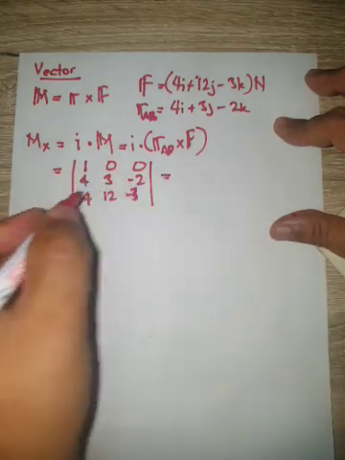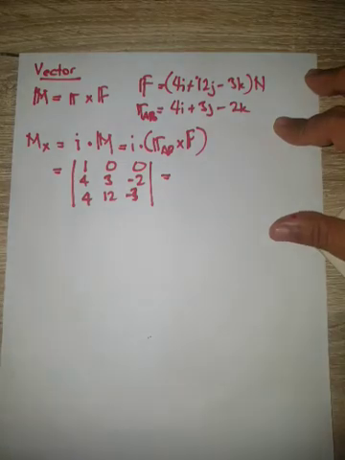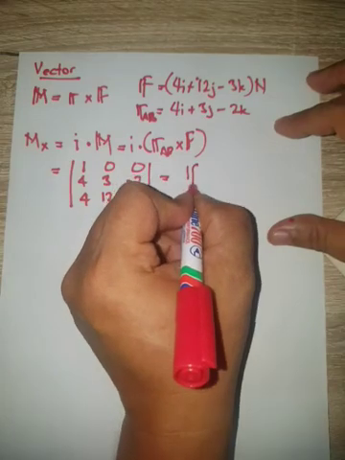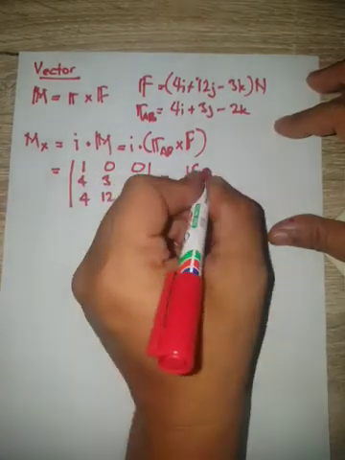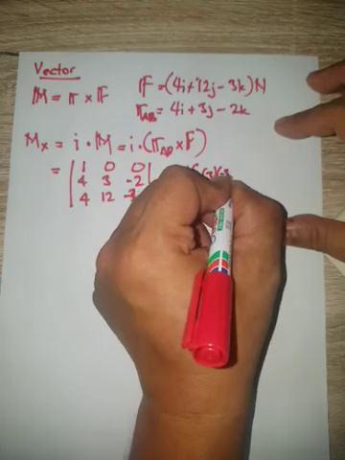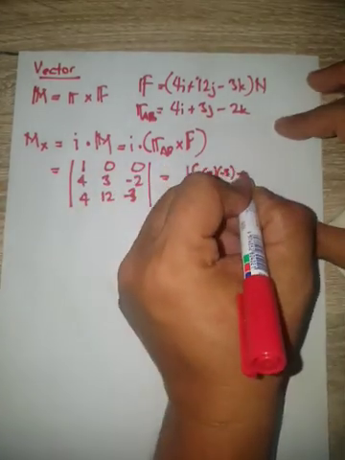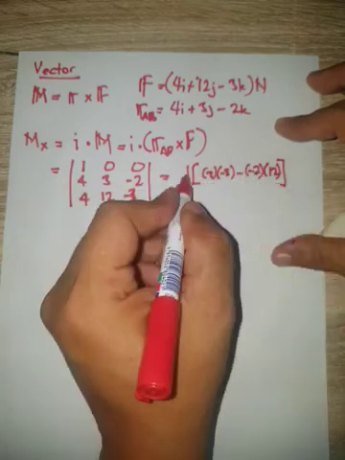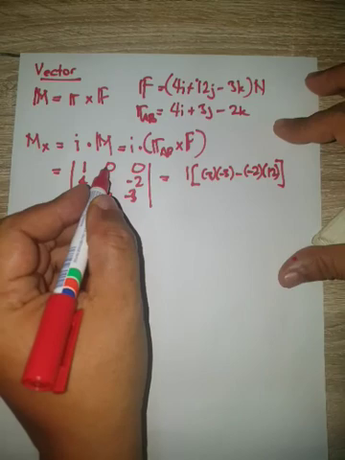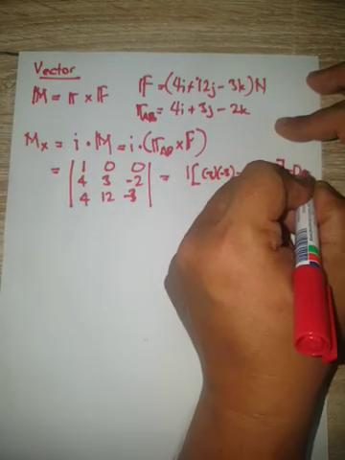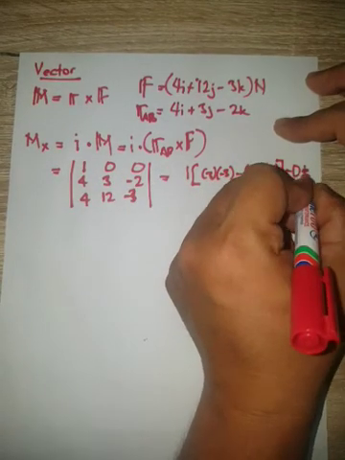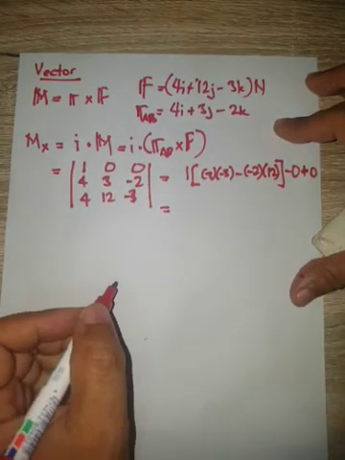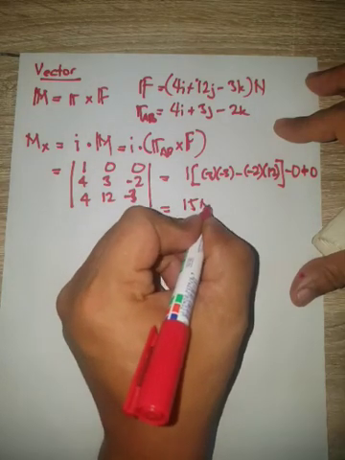We solve this determinant, and in the i element we have 1 times 3 times minus 3 minus minus 2 times 12, and for the j component it is 0 minus 0, and the k component is 0. Then we solve the calculation and get the value 15 Newton meter.